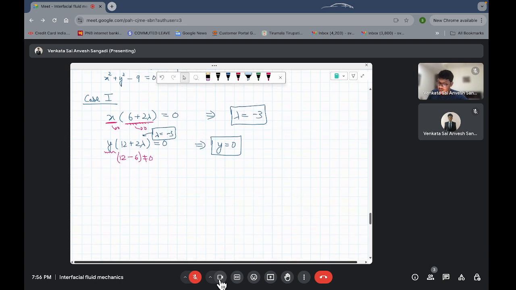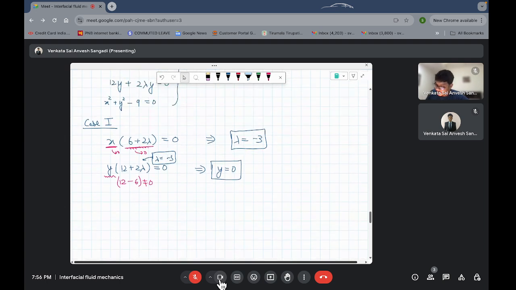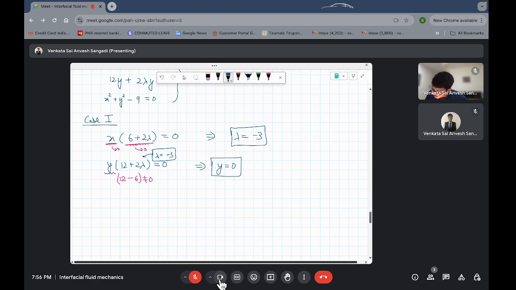So substituting the value of y into our constraint equation, we have x square plus 0 square minus 9 equal to 0. This implies x is equal to plus or minus 3.